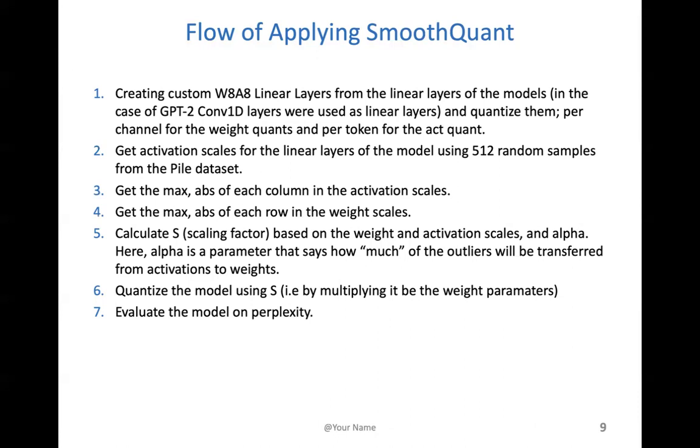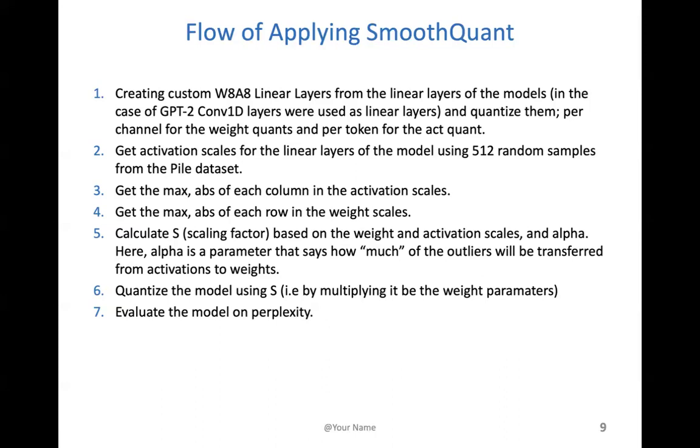One of the challenges I had there is that compared to Llama, OPT and Bloom models that SmoothQuant was originally written for, GPT-2 uses one-dimensional convolutional layers that are part of the transformers library. And so they had a bit different notation. So I had to create custom linear layers for them.